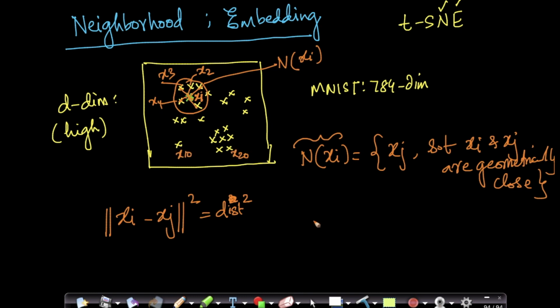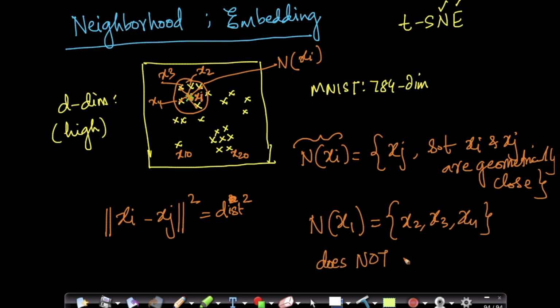Now I can say that the neighborhood of x1 will contain x2, x3 and x4, and it does not contain x10 and x20, because x10 and x20 are very far away from x1. This is the definition of neighborhood: points which are close to my x1, or my xi in this case.